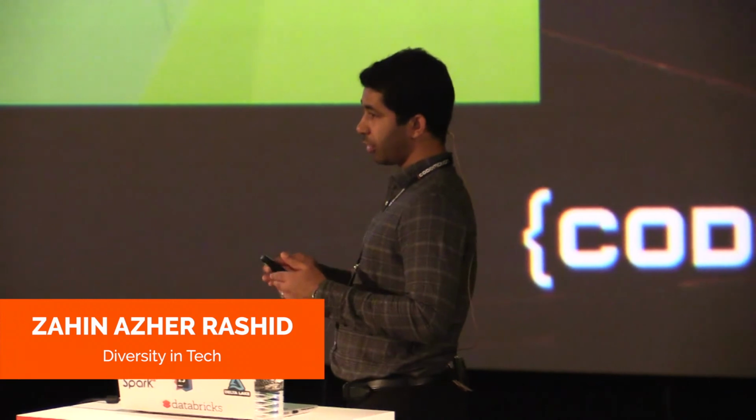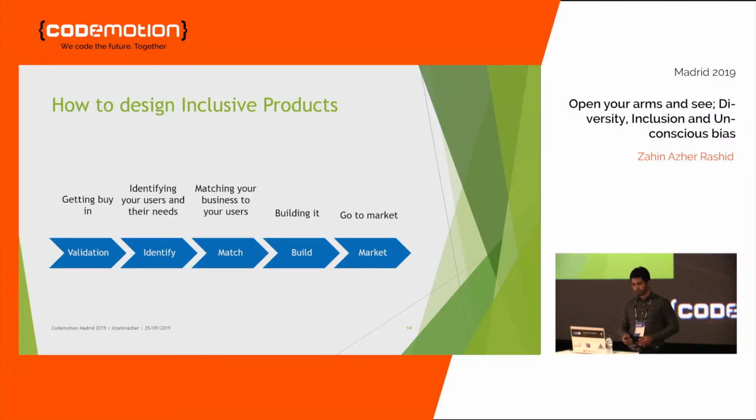If you launch the product for the very first time, there might be some tweaks required, so you do the tweaks, and then you continue with the cycle. This is also the same strategy mentioned in one of the talks by a Google product manager.